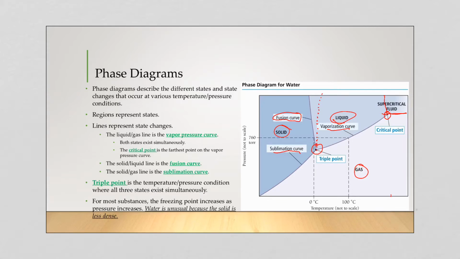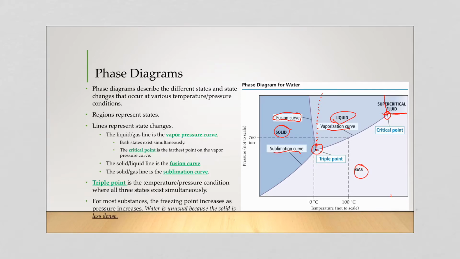So just a little statement that this particular one for water is a little bit different than some of the others you might see. In terms of working with this phase diagram, you can pick particular pressures, and as you read across, wherever you cross a line, that's going to represent a phase change.